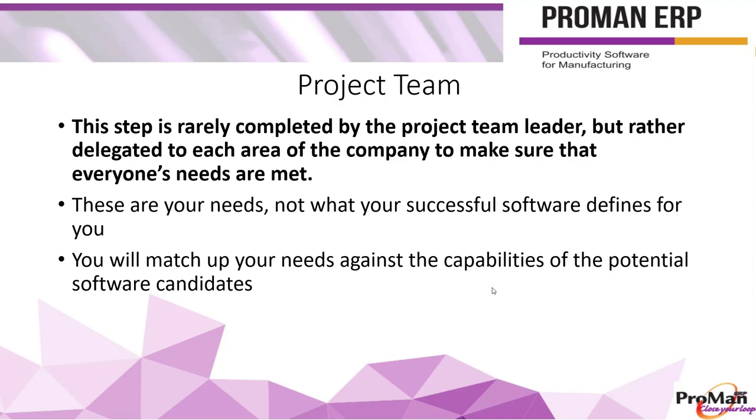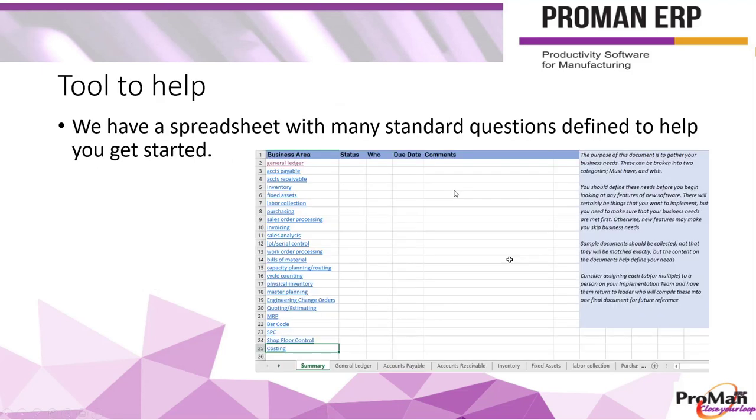So we need this to be successful and not have people come up to us later and say, hey, this doesn't do the things that I need it to do, because they never got a voice at the beginning. Okay. So we're going to take those needs after we do this, and we're going to match them up against the possible solutions out here to see who fits our business and what we're trying to accomplish.